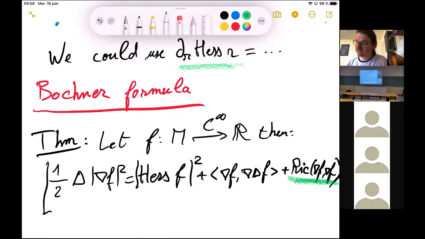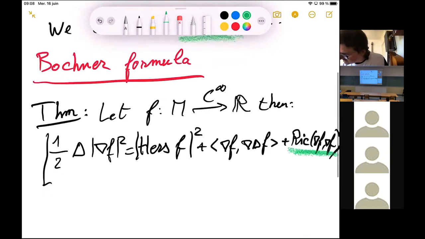But this is a more general tool, and it is also a first step towards defining Ricci curvature bounds on metric spaces, because all this involves is calculus on functions, and calculus on functions on metric spaces can be derived with a lot of work.